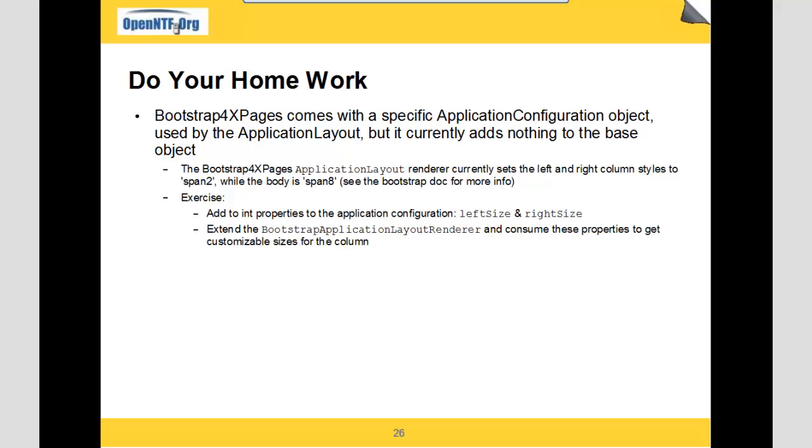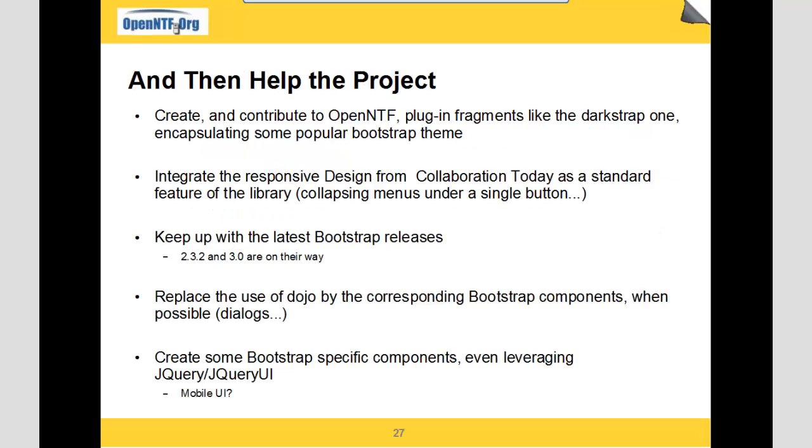Right now, it's hard-coded in this project to 2 units on the left, 2 units on the right, and 8 units in the middle. It would be great to add 2 new properties to the application layout configuration object, for the left side and right side, so we can specify something different. So this is a good exercise, and it's fairly easy, not difficult, if you want to get familiar with this library and how to extend it.